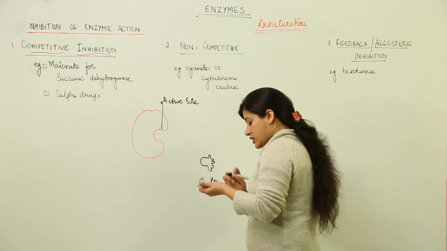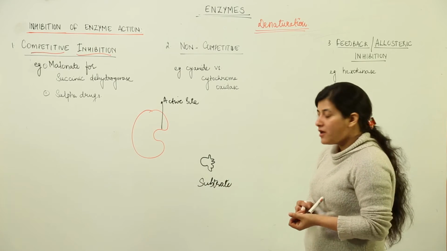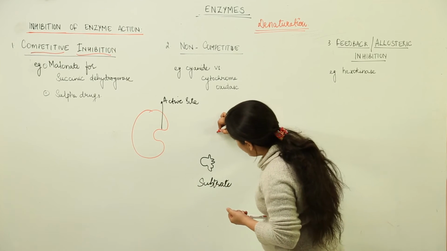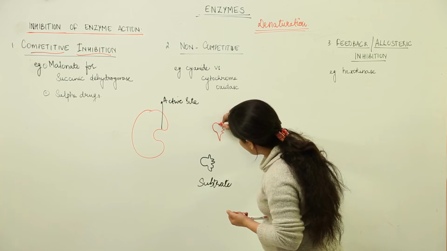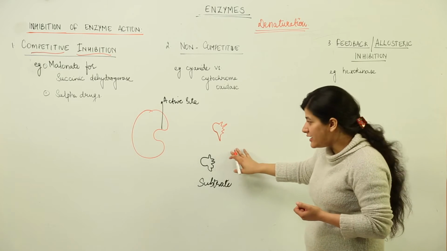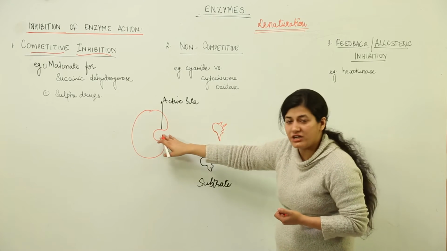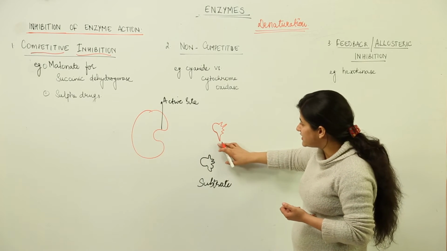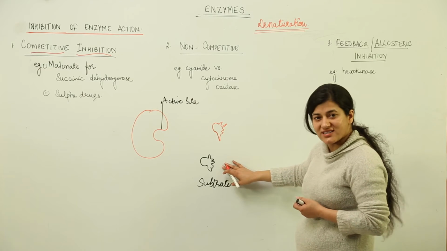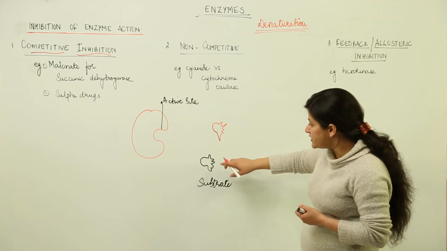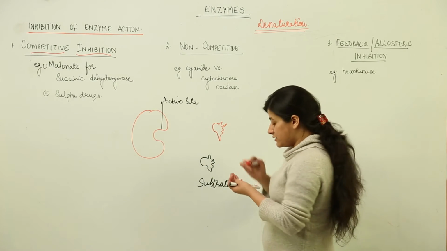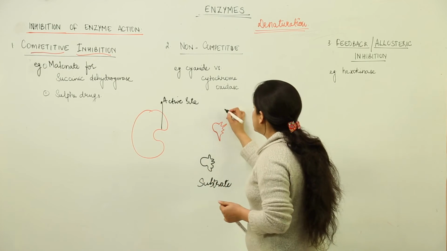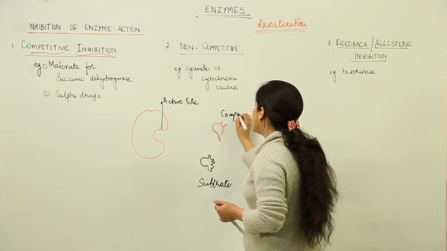Now the inhibitor would have the same structure as the substrate, or at least it would be able to fit into the active site. That means it has an almost similar structure to the substrate. So what happens? It provides a competition for the active site. This is the substrate and this is the competitive inhibitor.